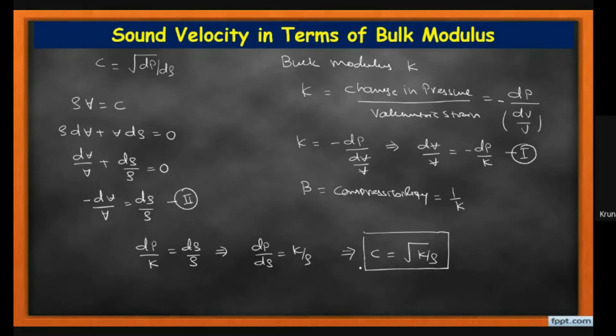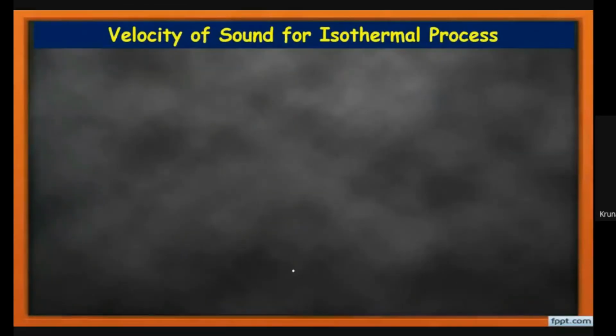Now students, we are going to derive the velocity of sound for isothermal processes. We must remember that c equals under root of dP by d rho. This is a very basic formula that we derive from the propagation of a pressure wave. For the isothermal process, our expression is P divided by rho equals constant.